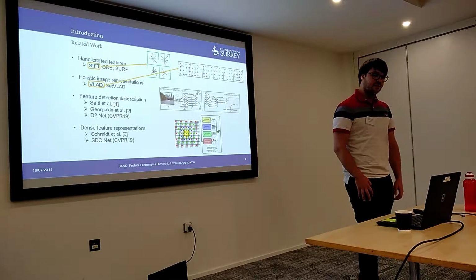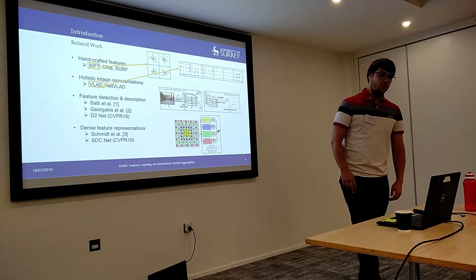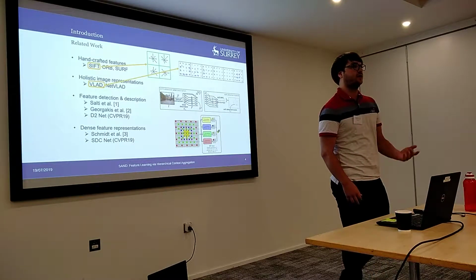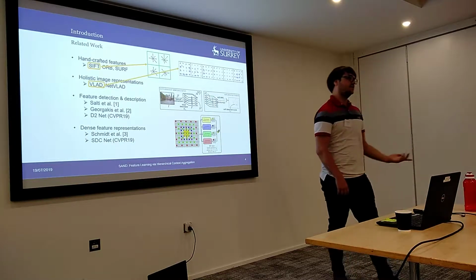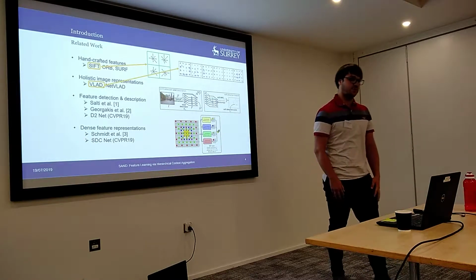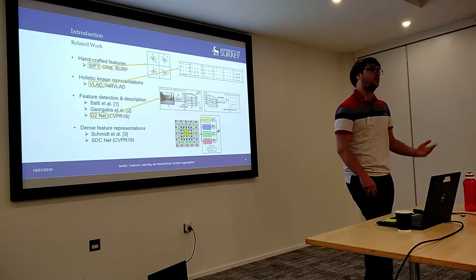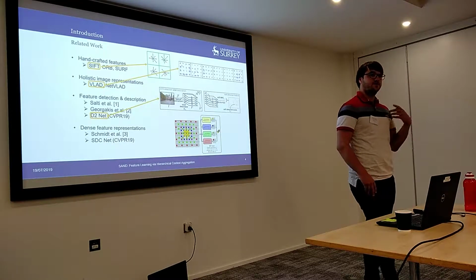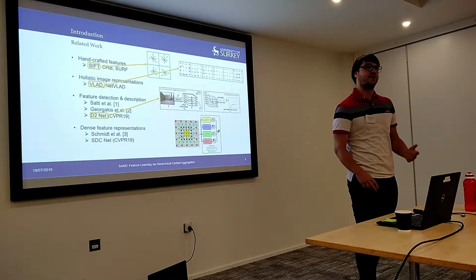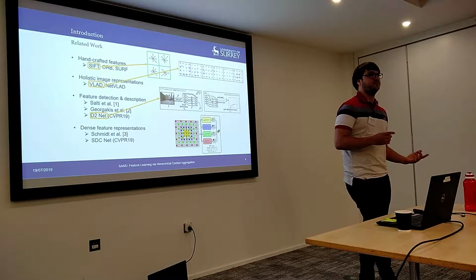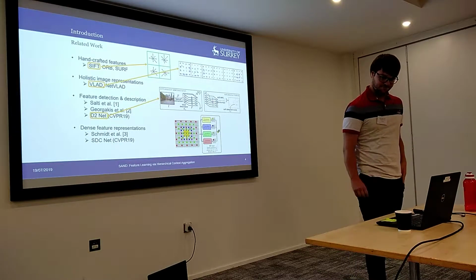As an intermediate step, we have the learning of feature detection and description, where, for example, Salti et al. treat keypoint detection as a binary classification task, whereas Georgakis et al. jointly learn features and keypoints. And then also from CVPR, we have D2-Net, which opts for a describe-and-then-detect approach, meaning that you learn dense features, but then use non-maximum suppression to select keypoints of interest.